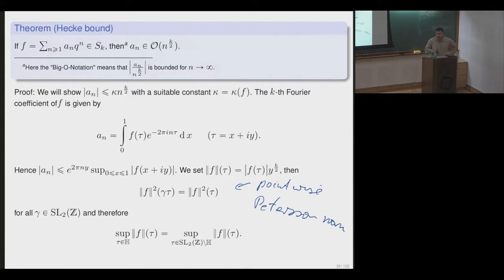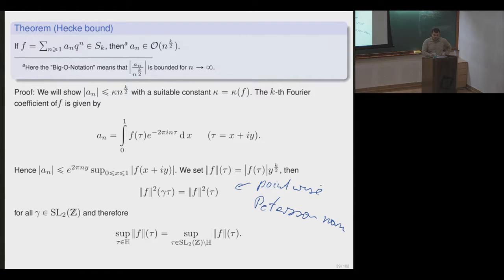We had seen yesterday the Petersson scalar product. The Petersson product is actually defined as a pointwise invariant metric on your vector bundle. And then you take the L2 norm of this metric, which is then called the Petersson norm or Petersson metric.